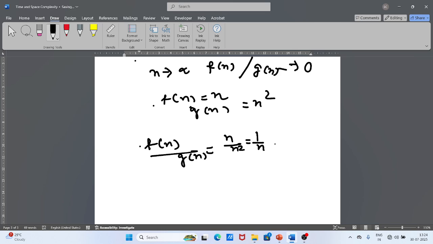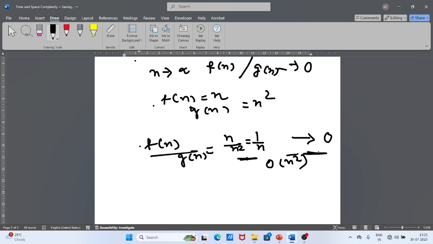As n becomes very big, 1 by n becomes very small. It goes to 0. So n is order of n square. So we can say this is the time complexity of order of n square, because n by n square goes to 0.